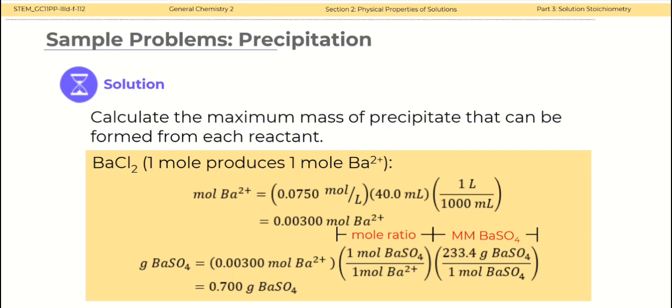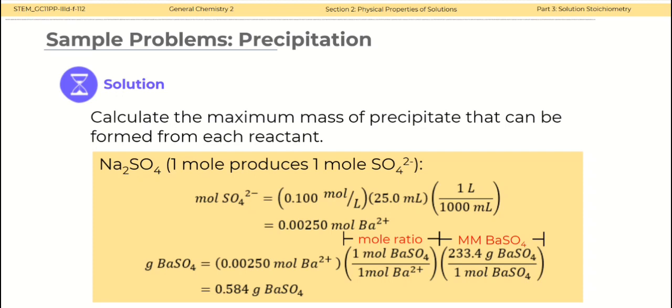We need to convert moles of barium ion to mass of barium sulfate precipitate by multiplying moles barium ion times the mole ratio, 1 mole barium sulfate per mole barium ion, times the molar mass of barium sulfate. Use your periodic table to calculate the molar mass. The mass of barium sulfate is 0.7 grams.